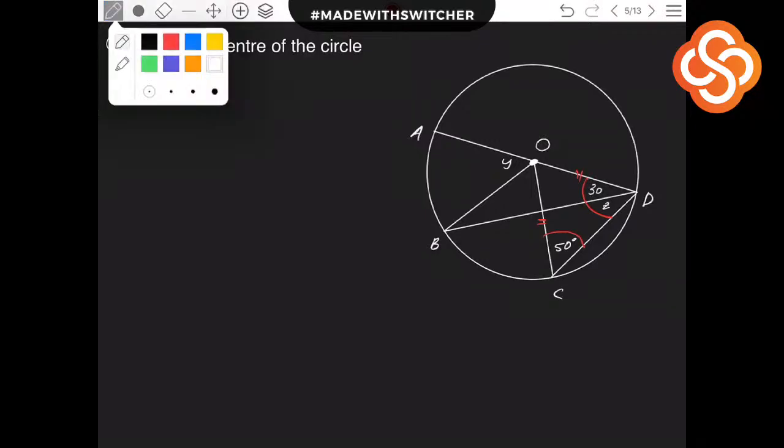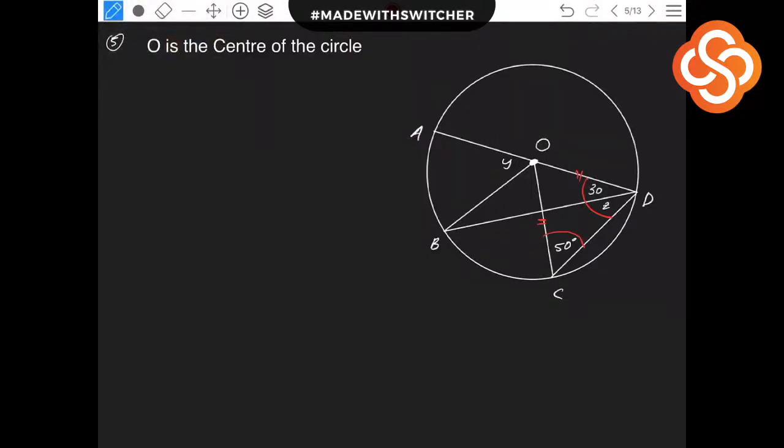Now I'm going to put in writing that angle ODC is equal to angle OCD. The reason is that we have an isosceles triangle OCD, because we know that OC is equal to OD. That is our reason there.